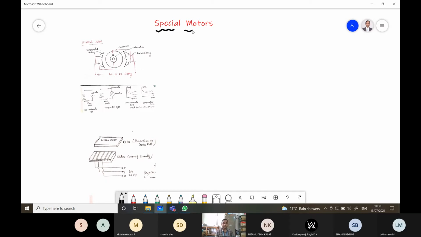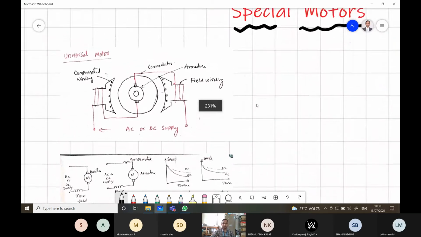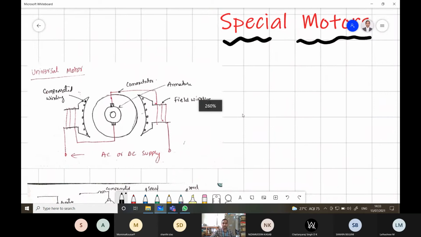So this is also called as other motors. In that, the first one is the universal motor. So what do you mean by the universal motor?